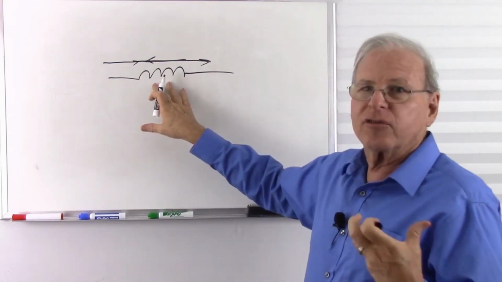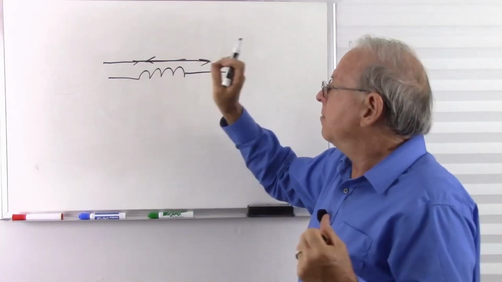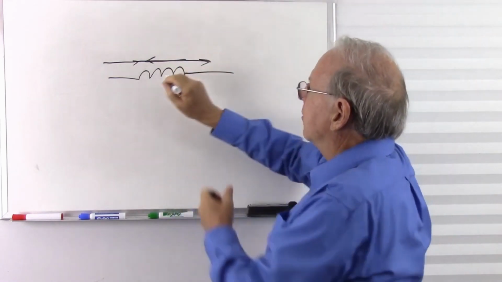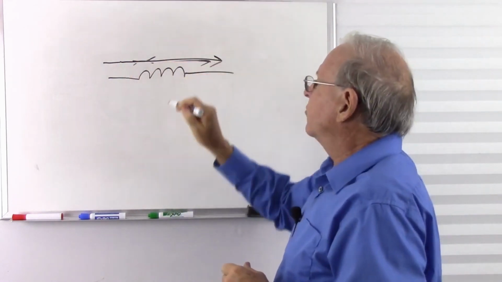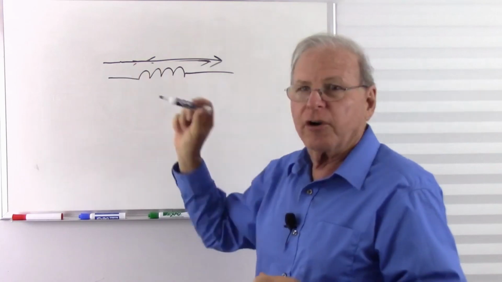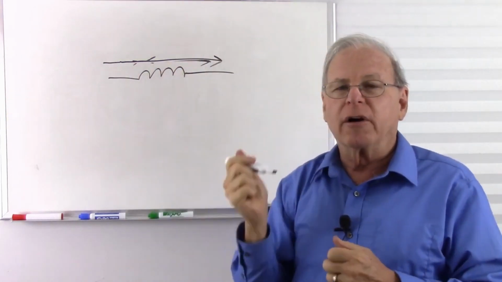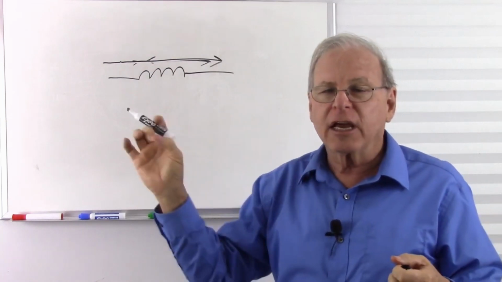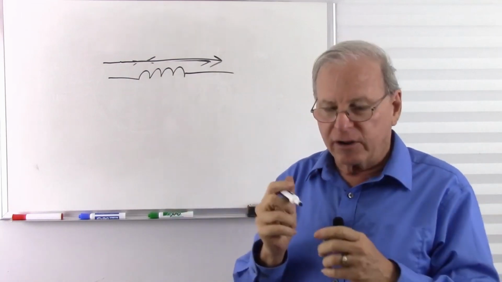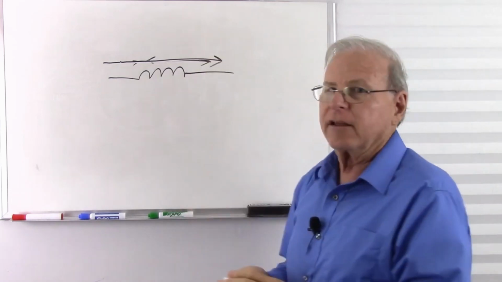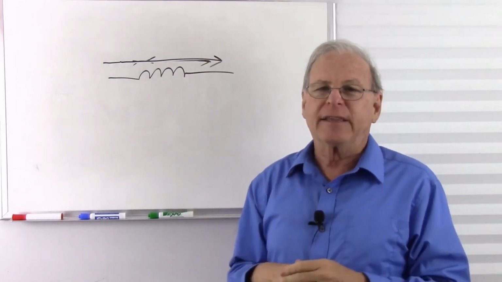So the only resistance is what resistance is built into the wire. But when we stop that current, that magnetic field collapses and now it pushes in the same direction. So when we push current in, it pushes back. But when we try to stop the current, it pushes along and has that flywheel effect. Hard to get it going, but once it's going, it's hard to stop, and it stores that energy in that magnetic field.